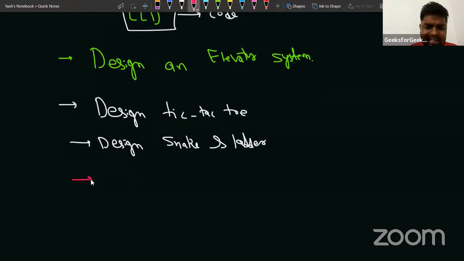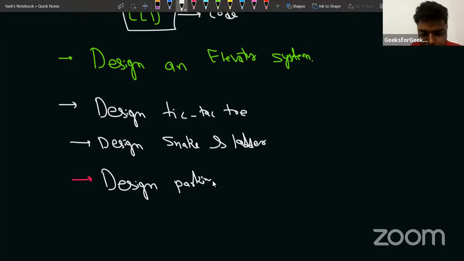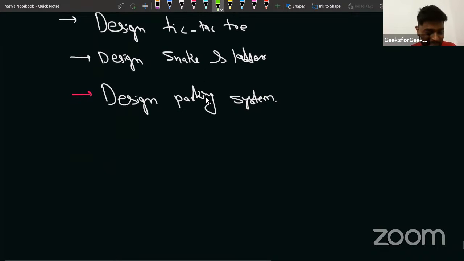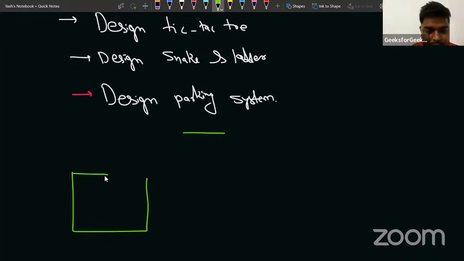Then apart from this, there are parking systems. For example, you have problems like design parking system. In a parking system, people will be parking, right? So suppose there is a person who is going to park.